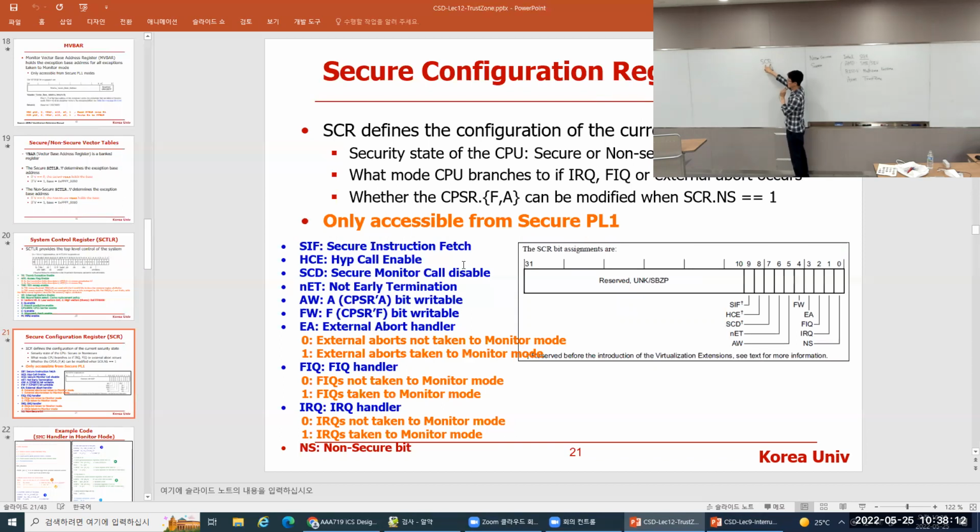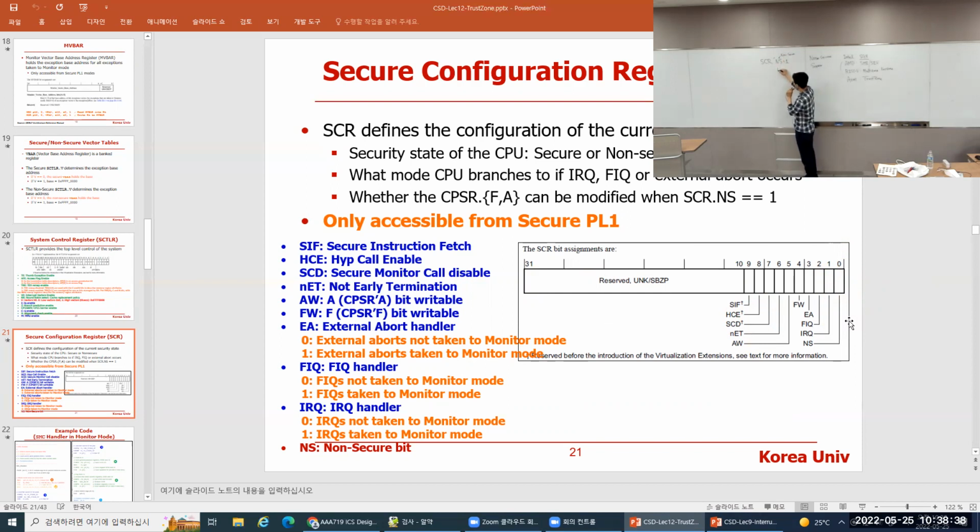So by looking at SCR, that is a system register, the least significant bit is NS, the non-secure bit. If the non-secure bit is set to 1, then you are in the non-secure state, meaning you are in the normal world.